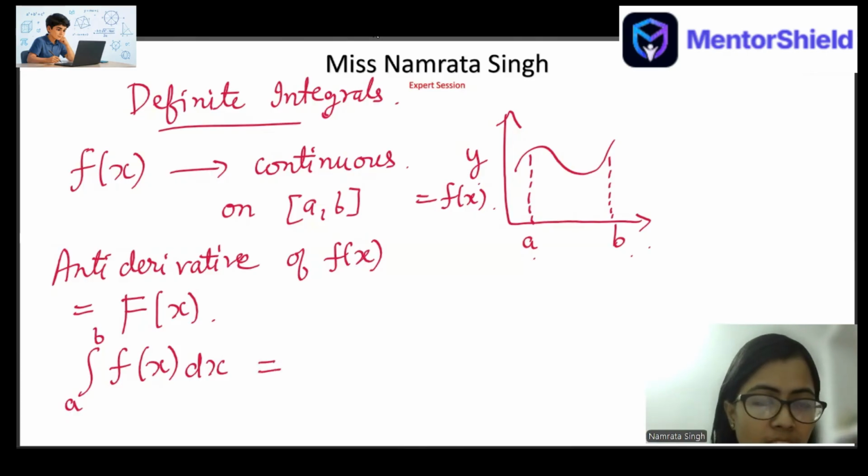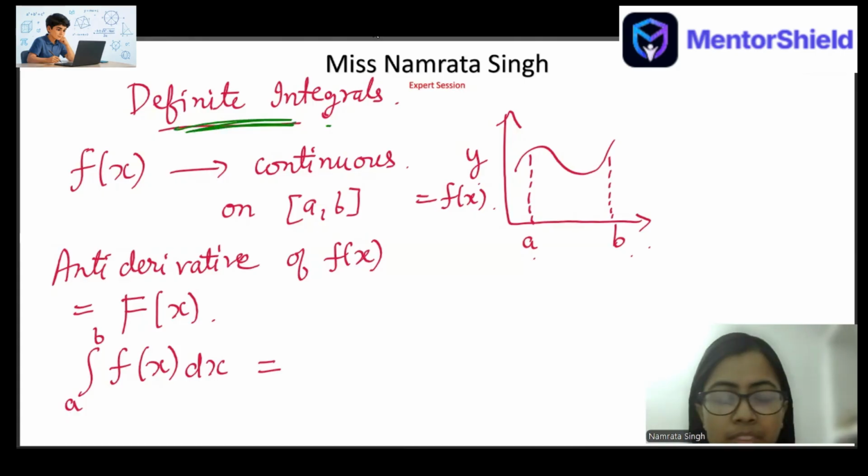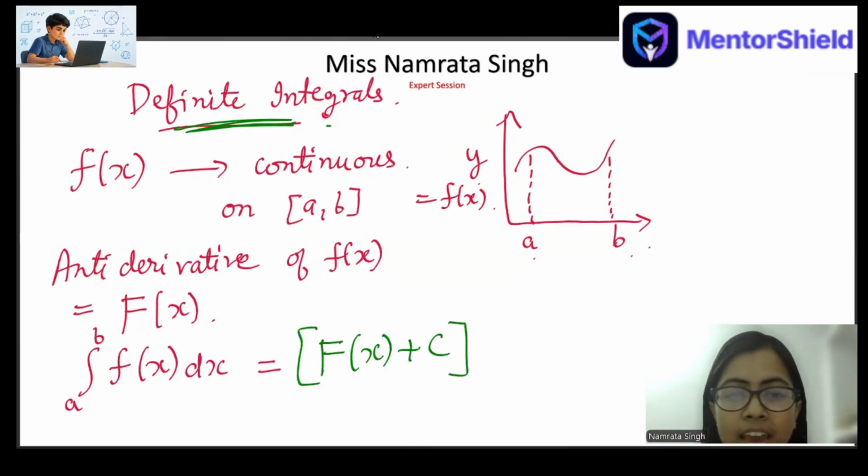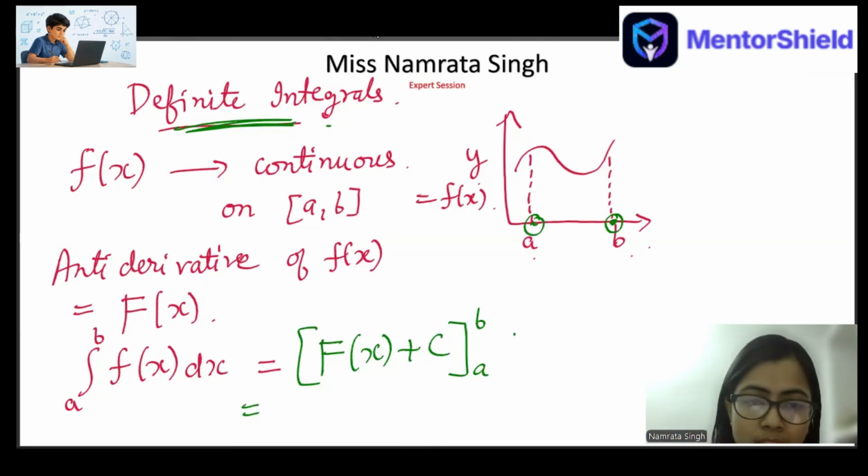This would give me what is called my definite integral. That is, I would get F of x plus c in the first place, and then I would have to put the values of a and b in such a way that I am subtracting the value at a from the value at b.